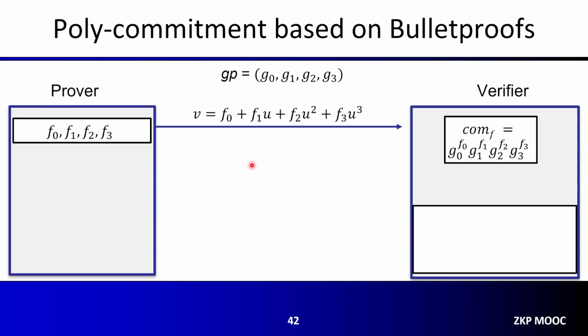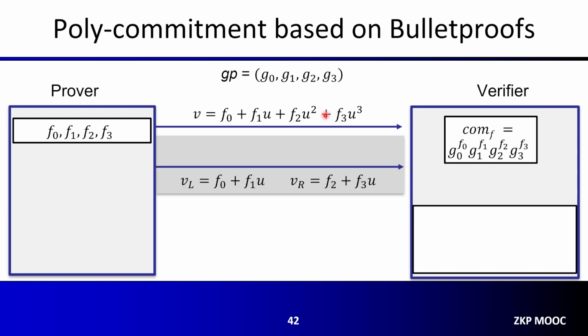So here I'm listing the global parameters as G0, G1, G2, and G3. And a common way to reduce the polynomial to half the size is to decompose it into two parts. And the way I'm doing here is we're going to have a left part of the polynomial and the right part of the polynomial.